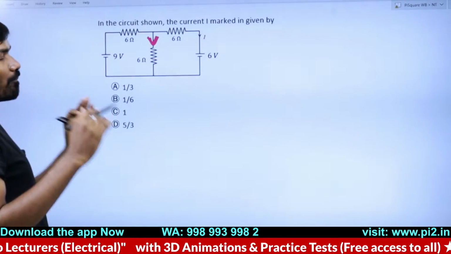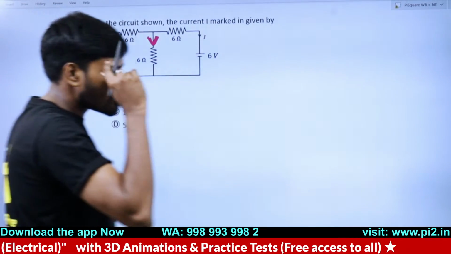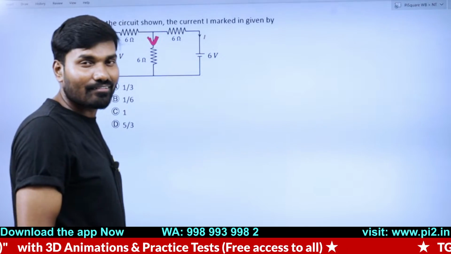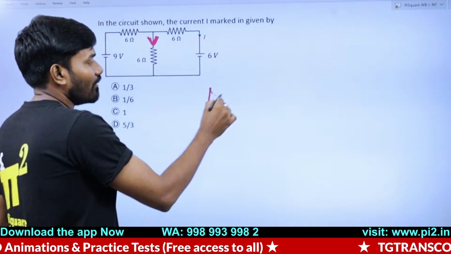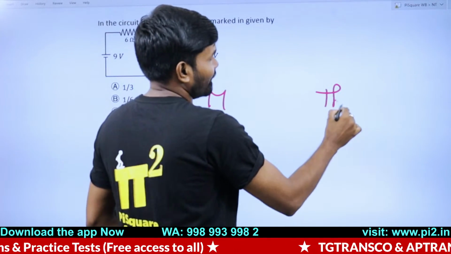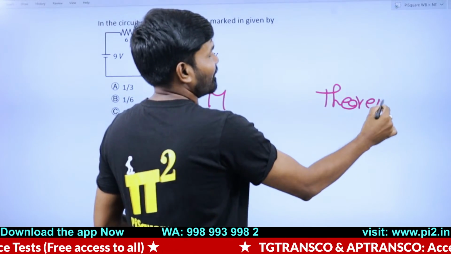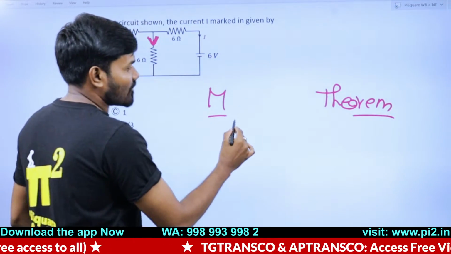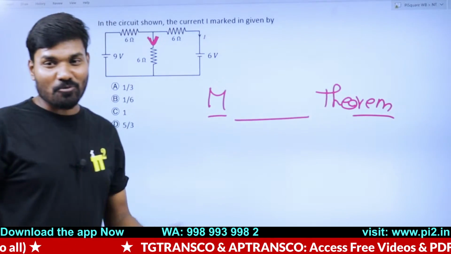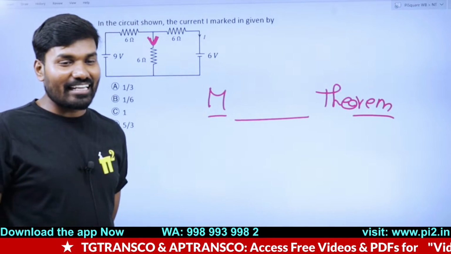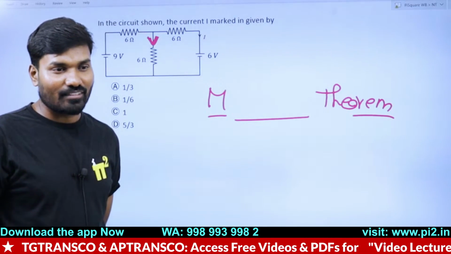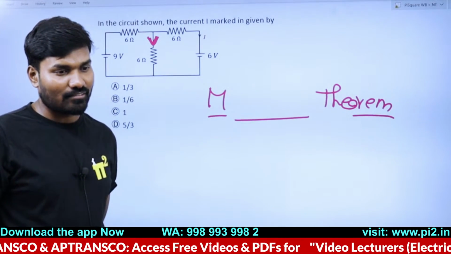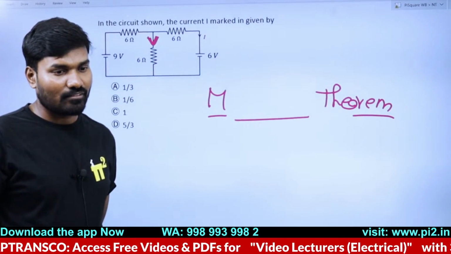You should apply the easiest method. What should strike your mind is, what is the theorem? Tell me, fill in this theorem. I am writing the first letter also, blank and theorem. What is the theorem which will easily give the answer? Think.